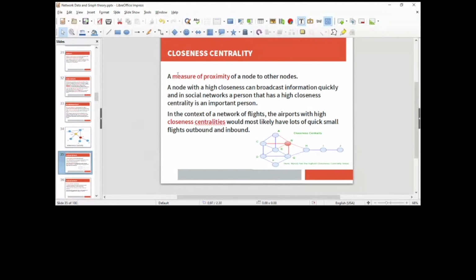Now, closeness centrality is a measure of proximity of a node to other nodes. A node with a high closeness can broadcast information quickly in a social network. A person that has high closeness centrality is an important person. In the context of a network of flights, the airports with high closeness centrality will most likely have lots of quick, small flights, outbound and inbound.